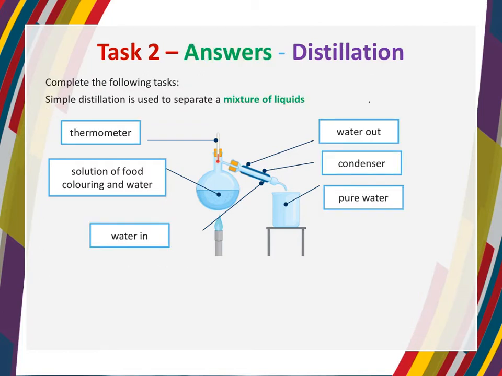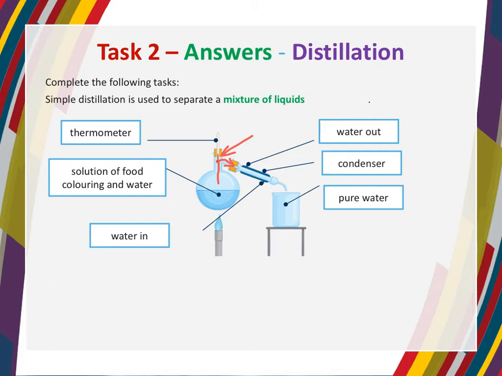And here we go. So the thermometer is at the top. That's going to measure the temperature. Notice very deliberately the bulb of the thermometer is right next to where the gases are going to pass down into the condenser just there. So you're measuring the temperature of the gas at that point.